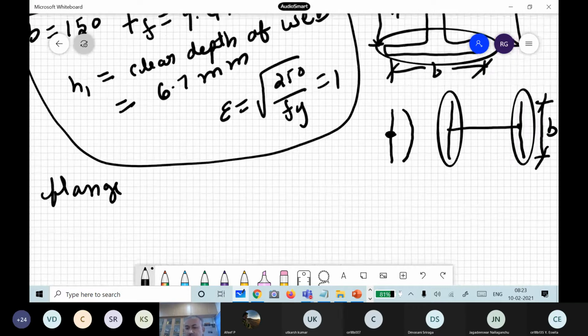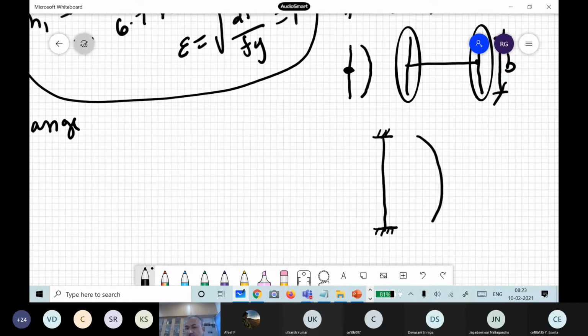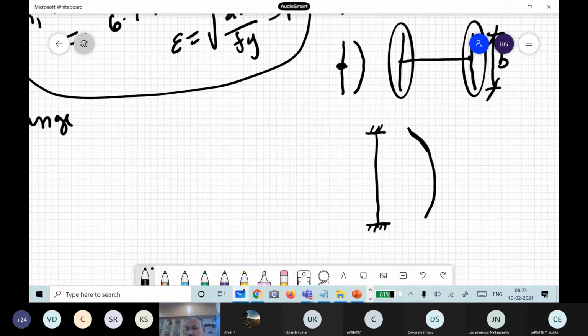So I have a column which is fixed, like this type of column. You try to draw the buckling mode shape. Of course the rotation will be 0 at the edges. Now the same column I fix here also. Now how do you calculate? What is the easiest way?